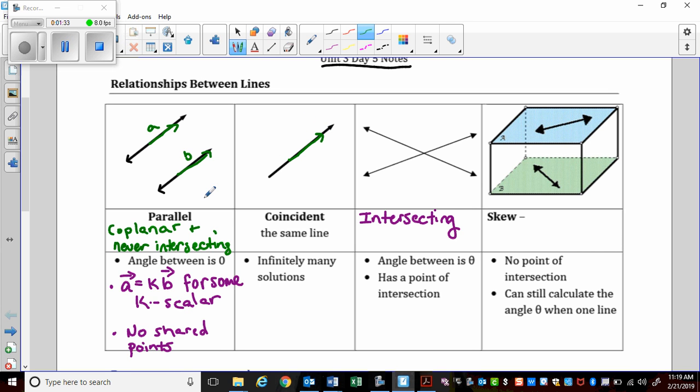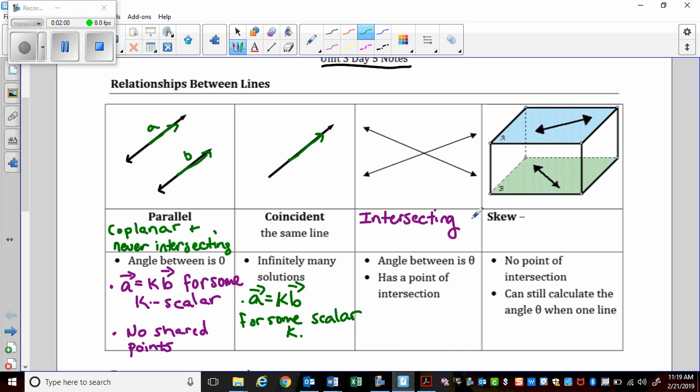They are the same line, so there are infinitely many solutions, and vector A is still equal to vector B for some scalar k.